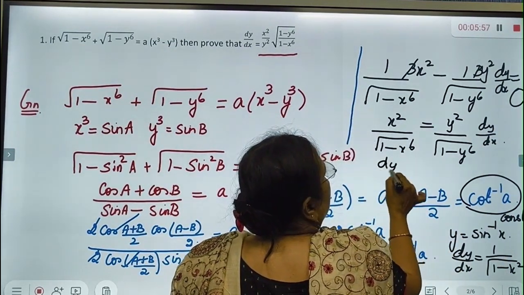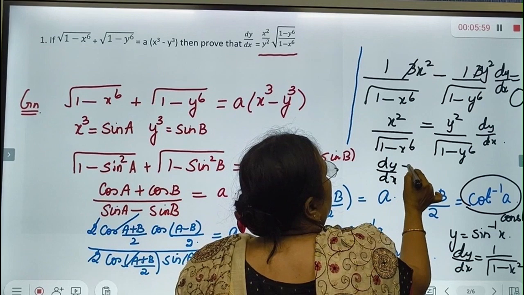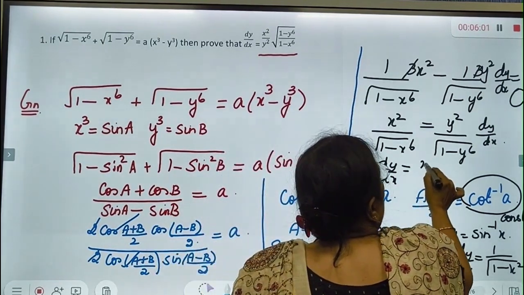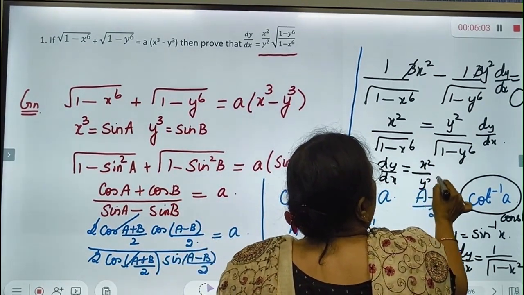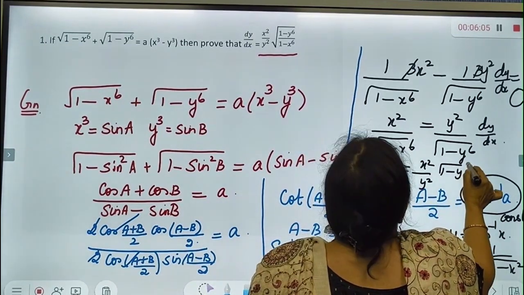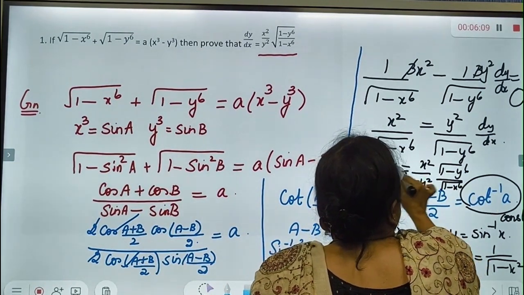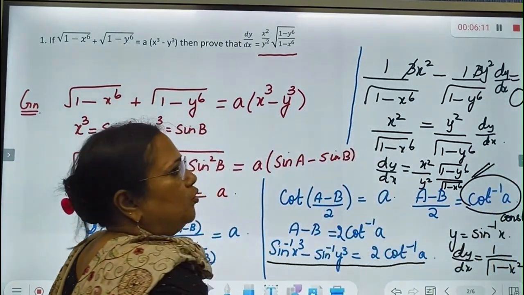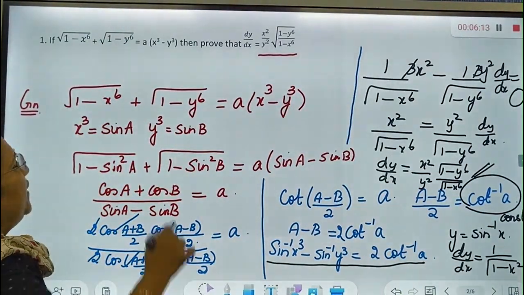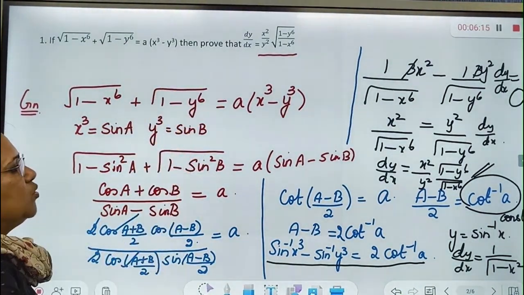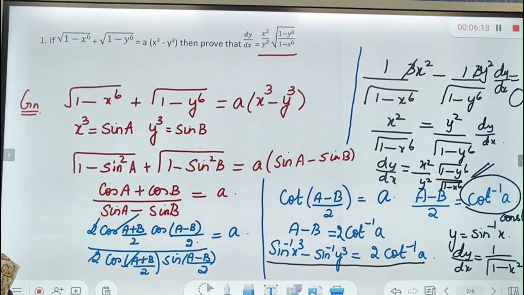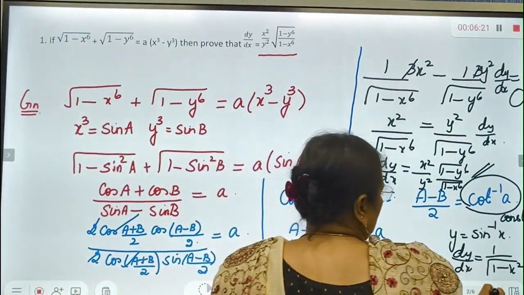Therefore, dy by dx is equal to x square by y square into root of 1 minus y power 6 by root of 1 minus x power 6. So we have proved what we needed to prove.